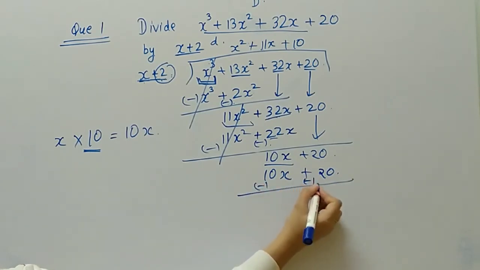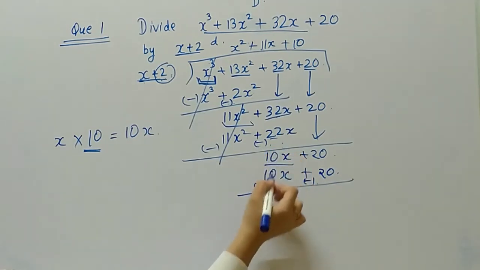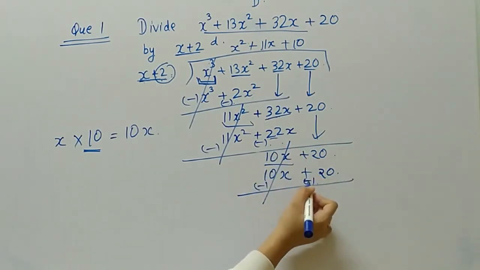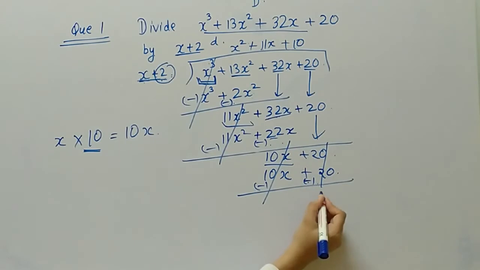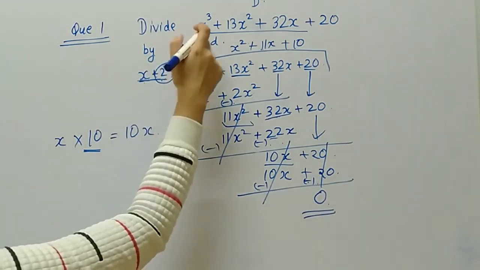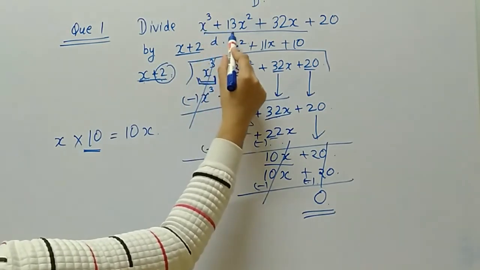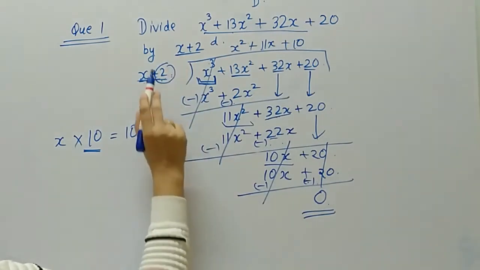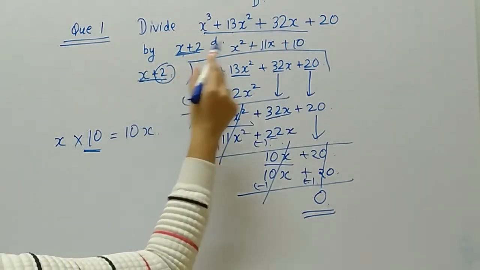Now we will subtract. So plus 10x minus 10x will get cancelled and plus 20 minus 20 will be cancelled and we will be left with 0.